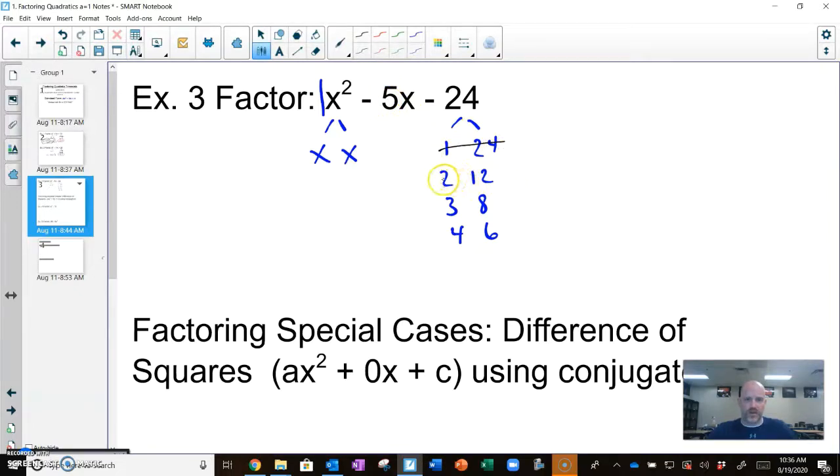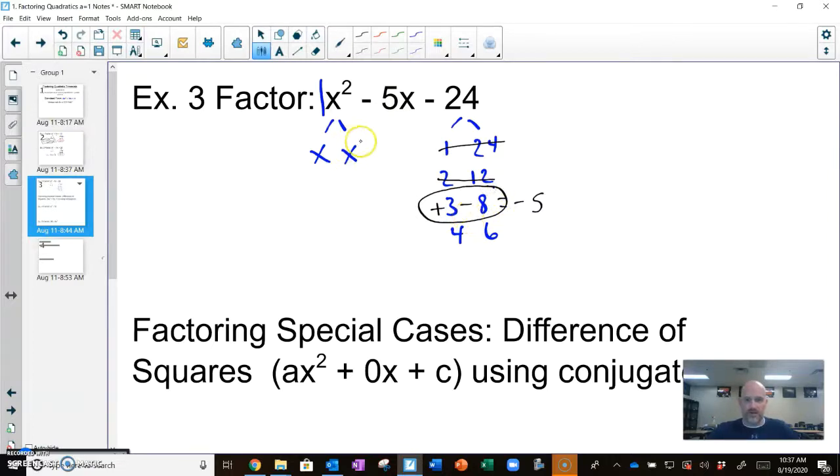No. Can 2 and 12, using only addition and subtraction, combine to negative 5? No. Can 3 and 8 combine to negative 5? Yes. If I make this a positive 3 minus 8, that will get me a negative 5, and negative 5 is what I need right here. So this is the factor pair that I'm going to end up using.